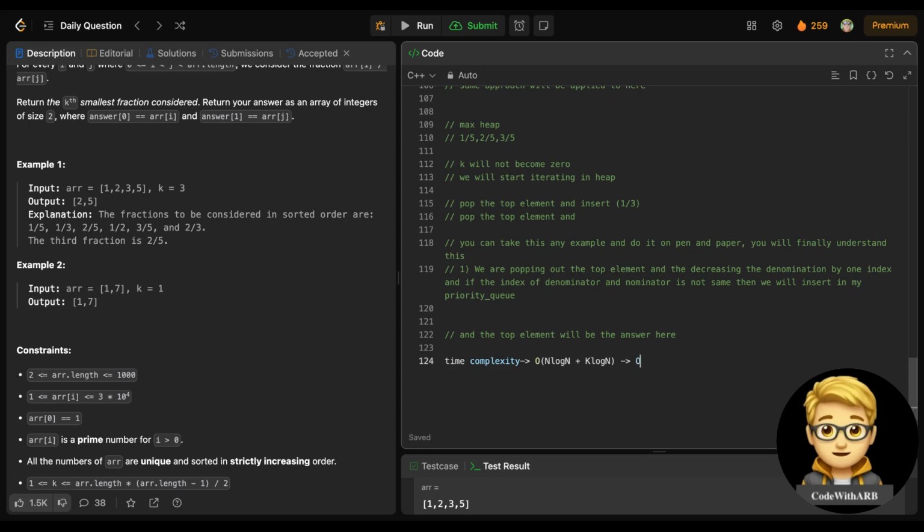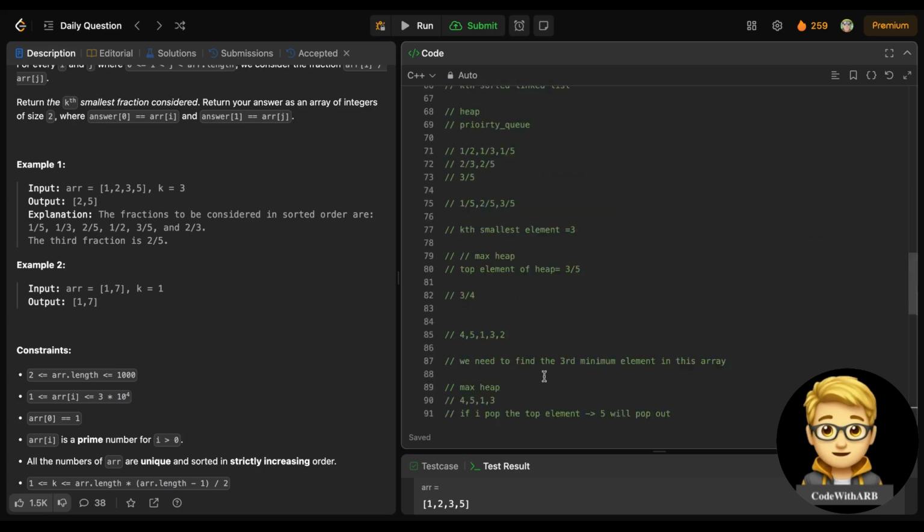So that will ultimately be O of n plus k log n. And the space complexity will be, so we are taking extra space for the priority queue, so that will be O of n. Because the popping and inserting happen simultaneously, it will always be O of n space complexity. So this is how we will solve this problem.